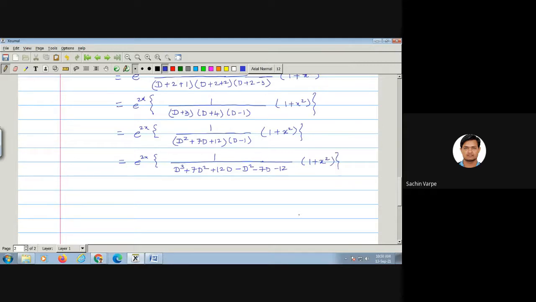Please check the calculations. That equals e to the power 2x into 1 upon D cube plus 7D square minus D square, that is plus 6D square, plus 12D minus 7D, that is plus 5D, and minus 12, operator on 1 plus x square.